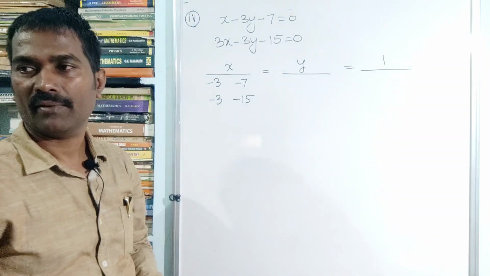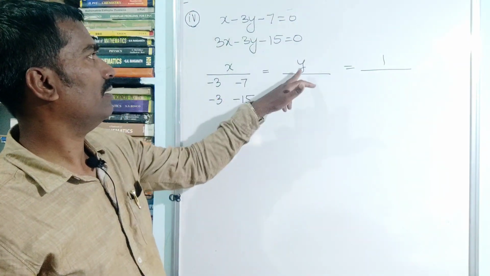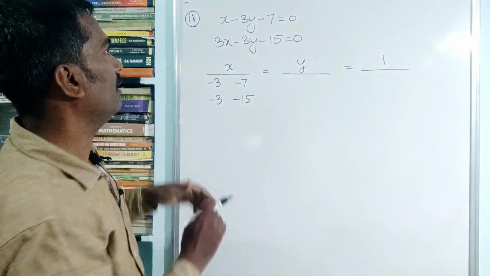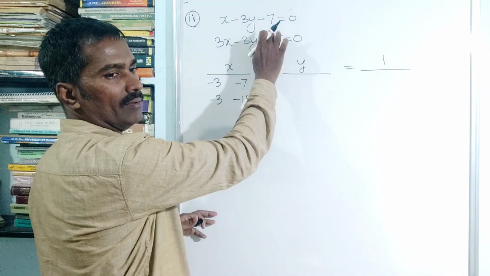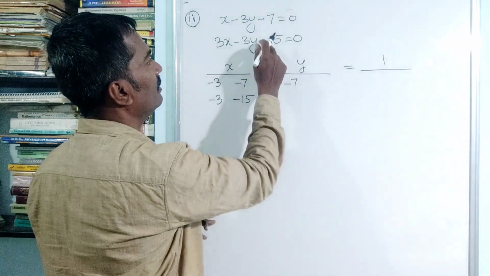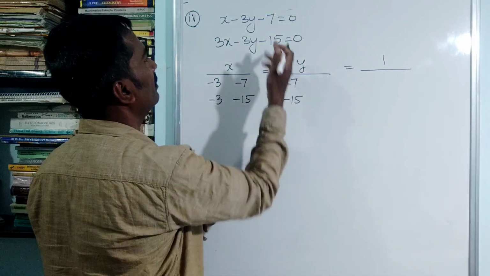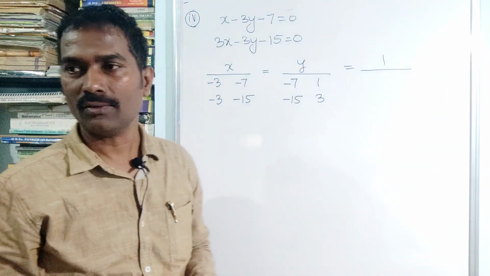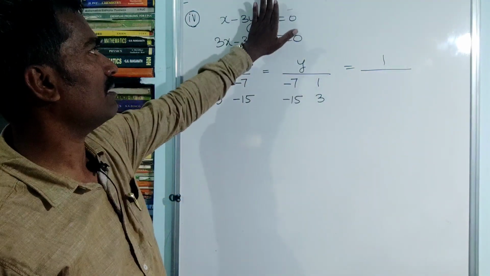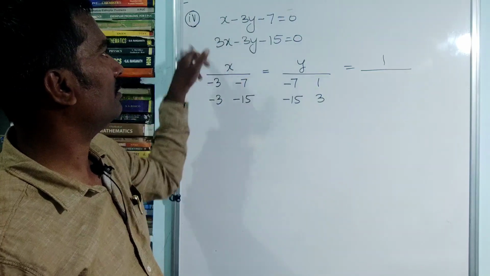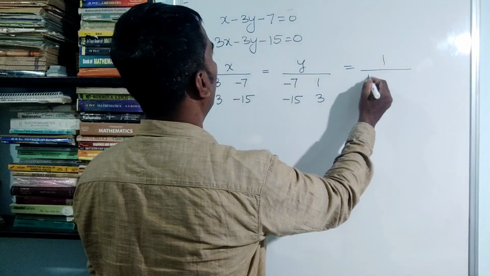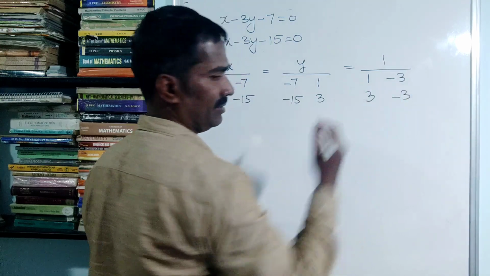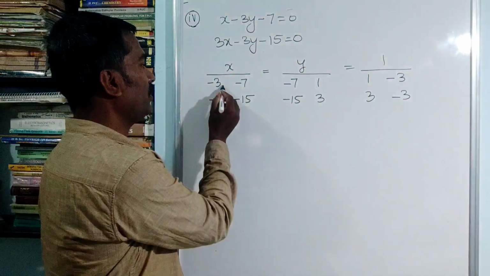For y, close the values of y. First we need to write the right side value: minus 7, minus 15, 1, 3. Understood? Next, for the last, the constant, close the constants. Coefficients 1, 3, minus 3, minus 3. Now put an arrow mark like this.